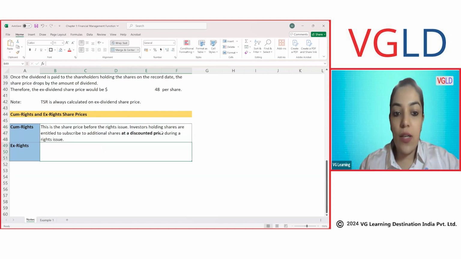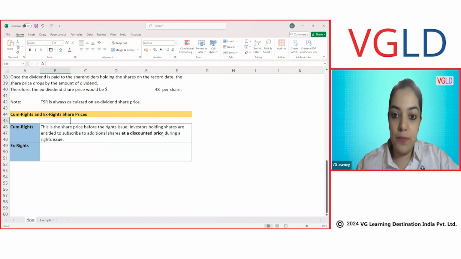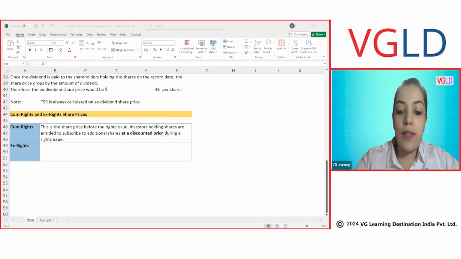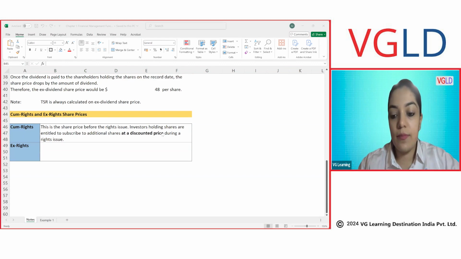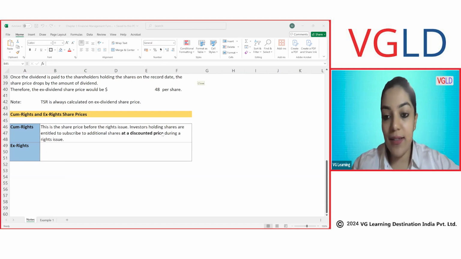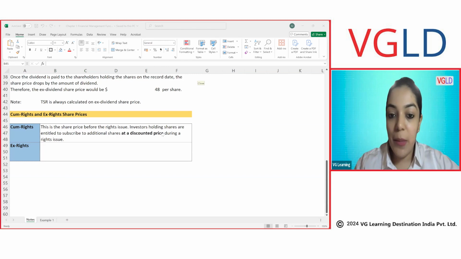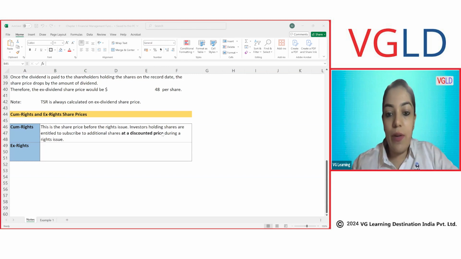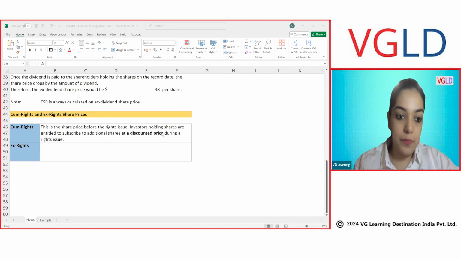You know what a rights share is? You know what is a rights share, anyone? No, no, no. Those are bonus shares, Kanika. I'm asking about rights shares. So I'll write it down in brief.